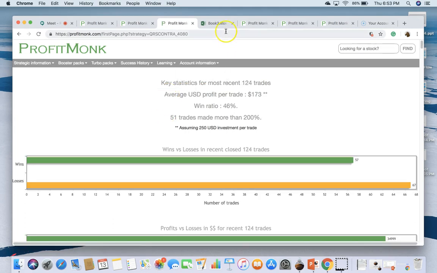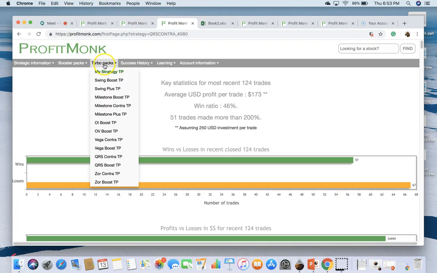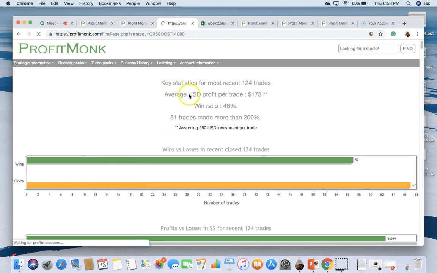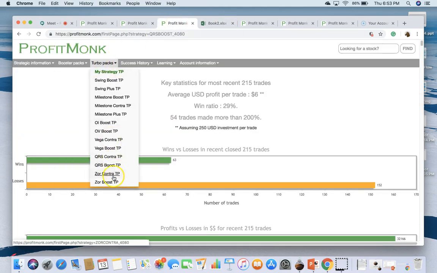is 124, 173. QRS Boost. Okay, let's go to QRS Boost. This is 215.6, really ugly. And then Zor Contra and Zor Boost. So let's look at Zor Contra first.